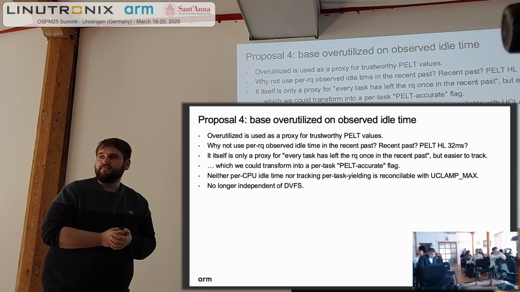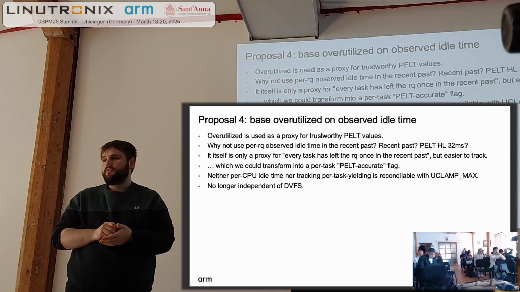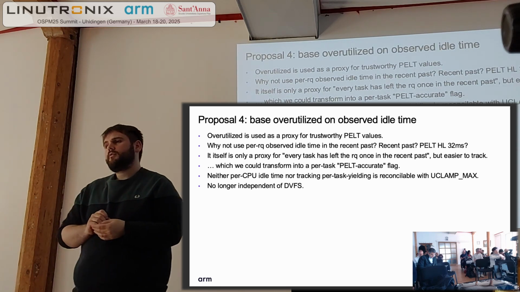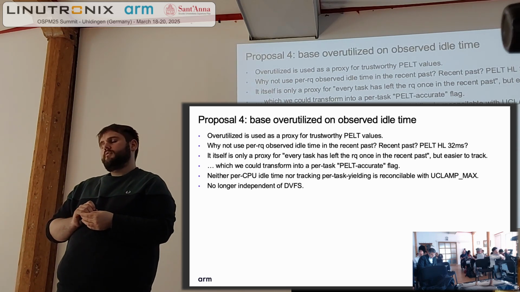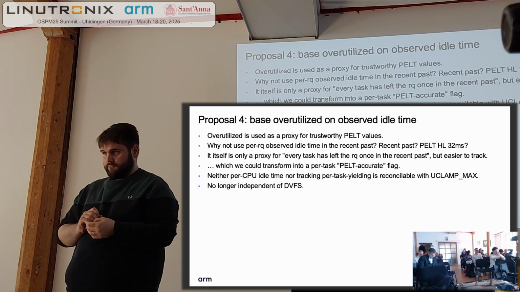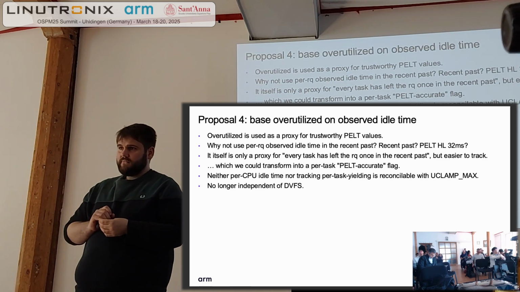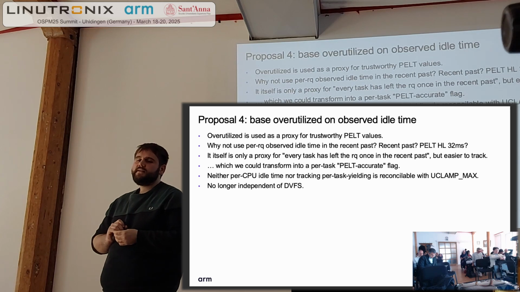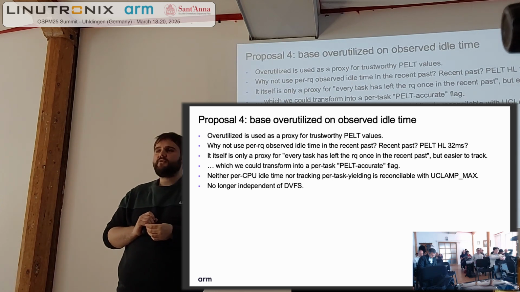It's a bit counterintuitive. I'm thinking, have you tried to look for, so we have the find energy efficient CPU. Yeah. Can we use the fact that if we are not able to find an energy efficient CPU, it probably means that the system is overutilized? Yeah, I mean the problem is that it's circular logic, right?